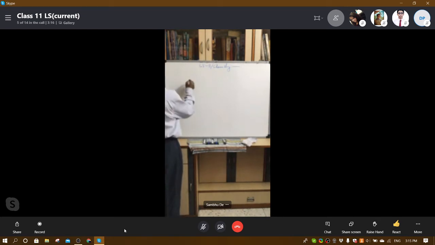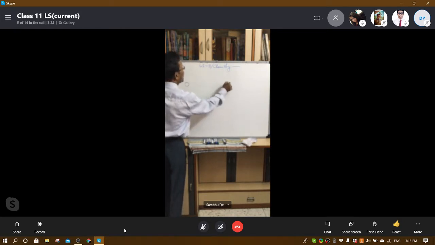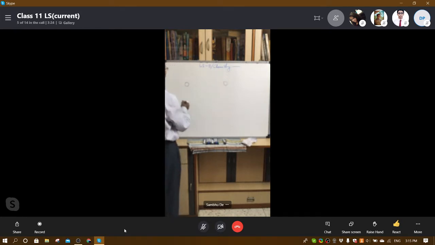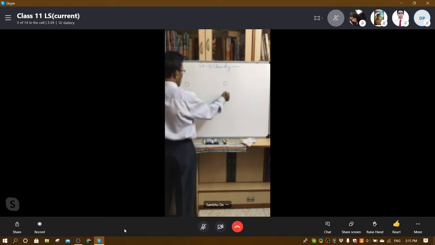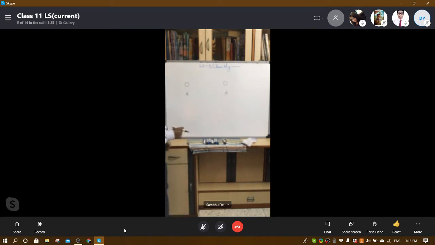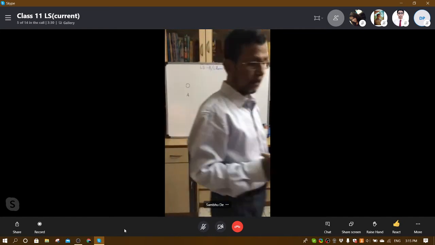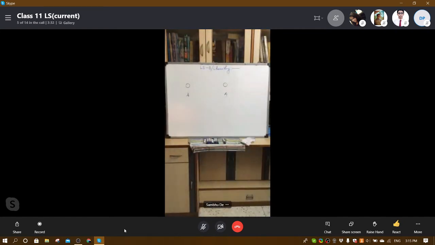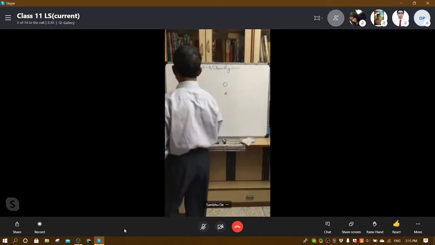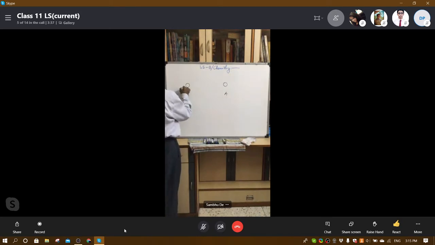Supposing I take two atomic orbitals of two atoms, atom A and atom A. Two different atoms of A, for example, hydrogen. These two are atomic orbitals, and for the sake of simplicity, I represent this as 1s.